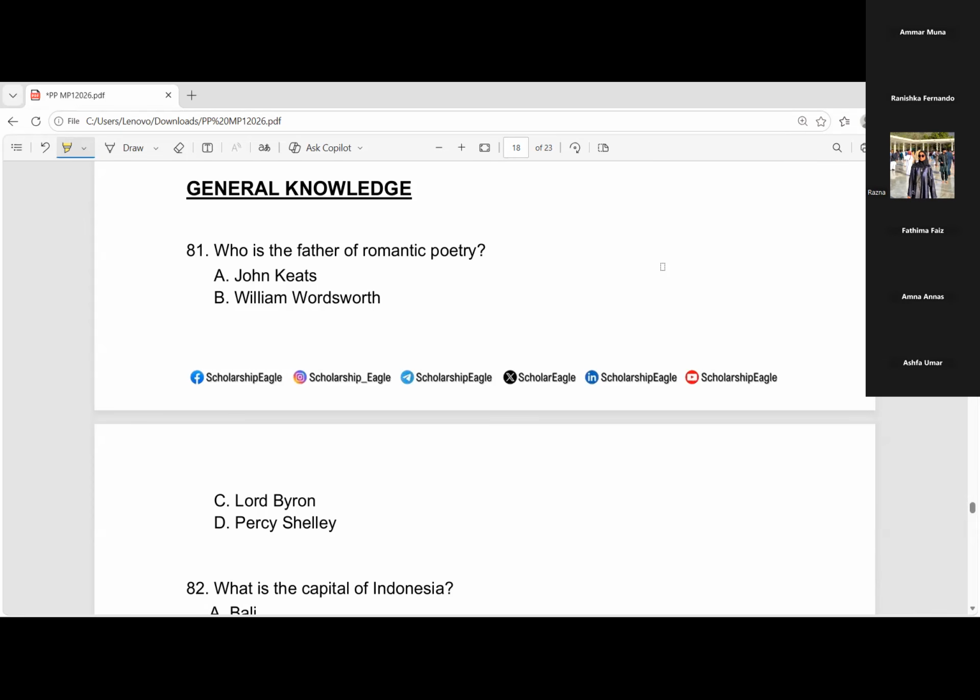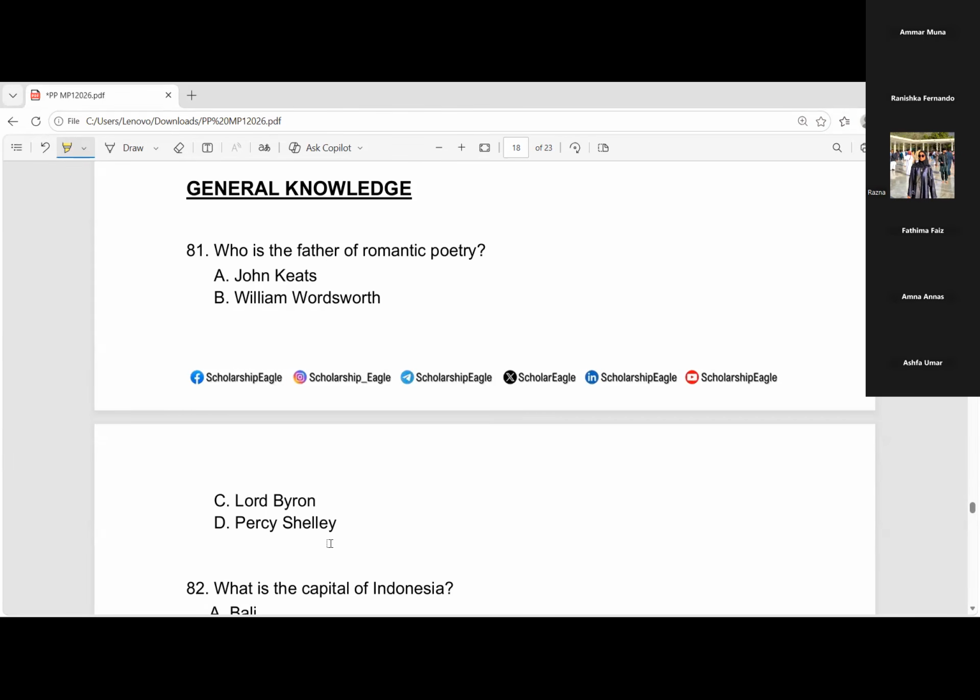Assalamu alaikum warahmatullahi wabarakatuh. Okay, I'm going to explain the general knowledge part. There are 10 questions in general knowledge, and you have to answer those 10 questions. The first question is, who is the father of romantic poetry?